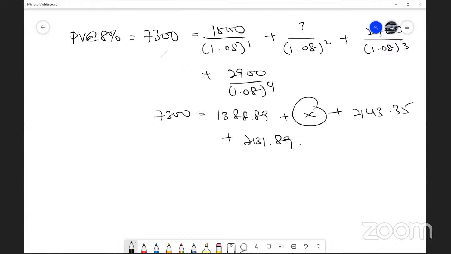So we're going to find x. So x is equal to 7,300 minus all these balances. So x divided by 1.08 power of 2 is equal to this amount, 1636.18.